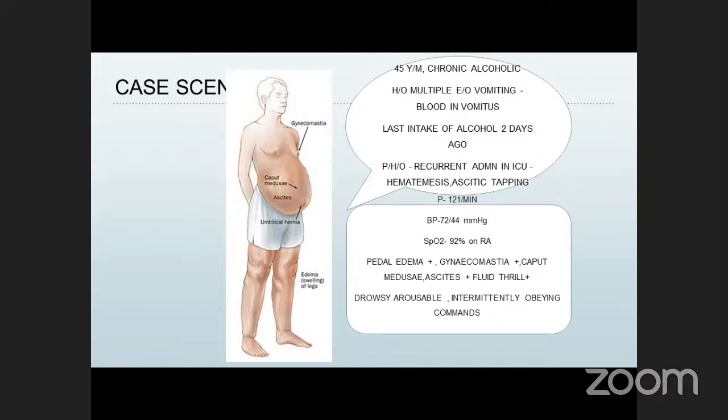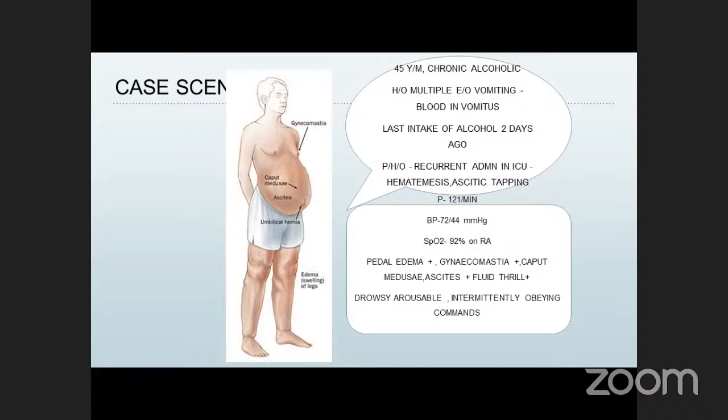Patient has given a history of last intake of alcohol just 2 days ago, and in past history, he has recurrent admissions in ICU with complaints of hematemesis or for ascitic tapping. On connecting to monitor, the vitals are pulse 120 per minute, BP 72 by 44 mmHg, SpO2 is 92% on room air.